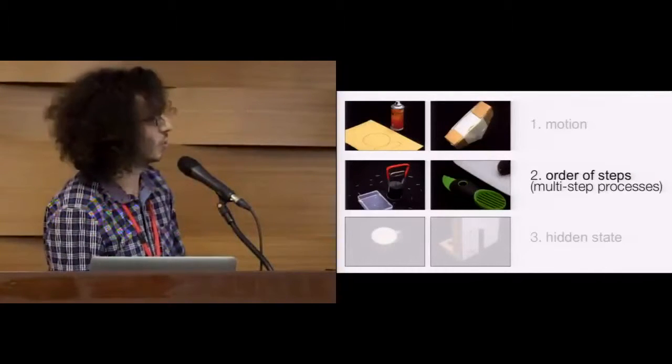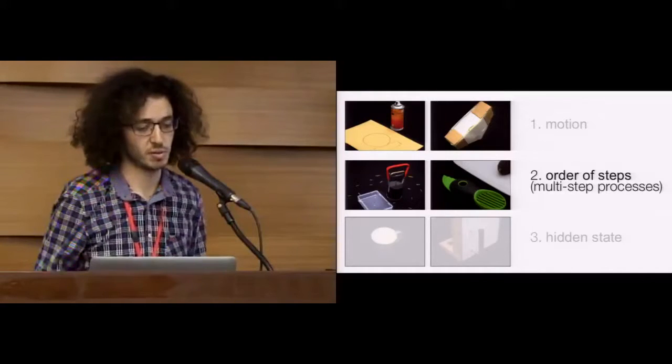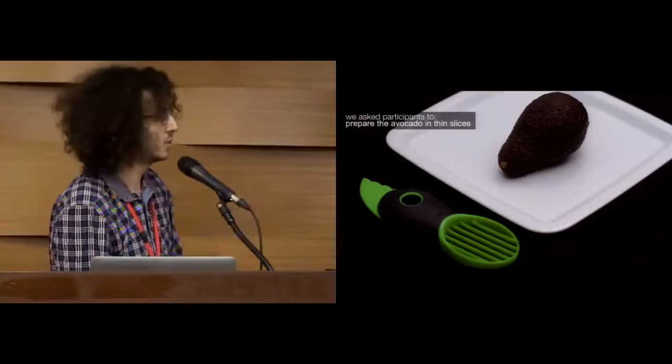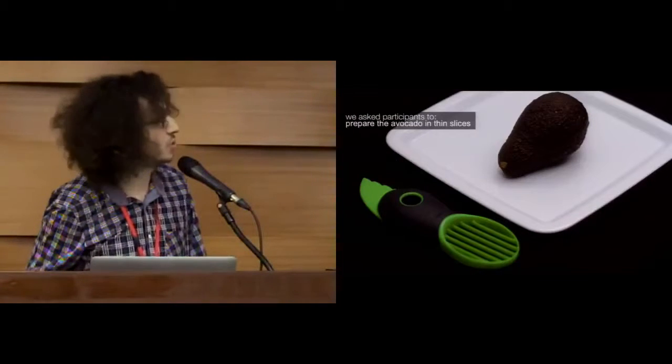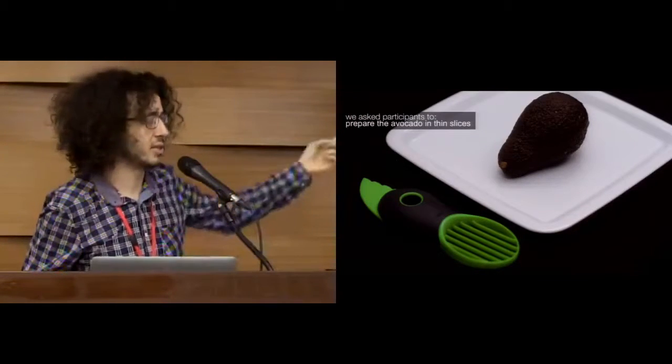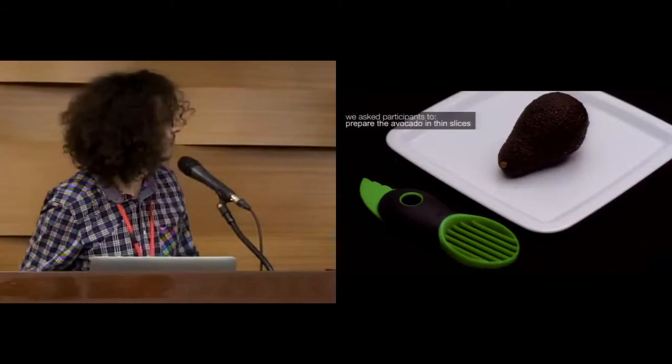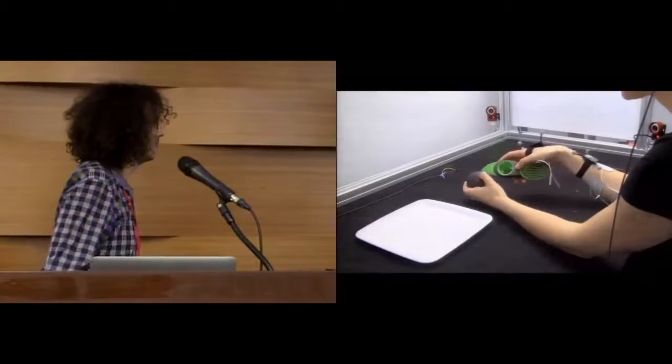Another one takes the order of steps of multi-step processes a bit further, as this kind of weird avocado slicer. This is a great kitchen tool you can buy, and we ask participants to prepare the avocado in thin slices. And you might want to take a moment to think how you would do it actually.